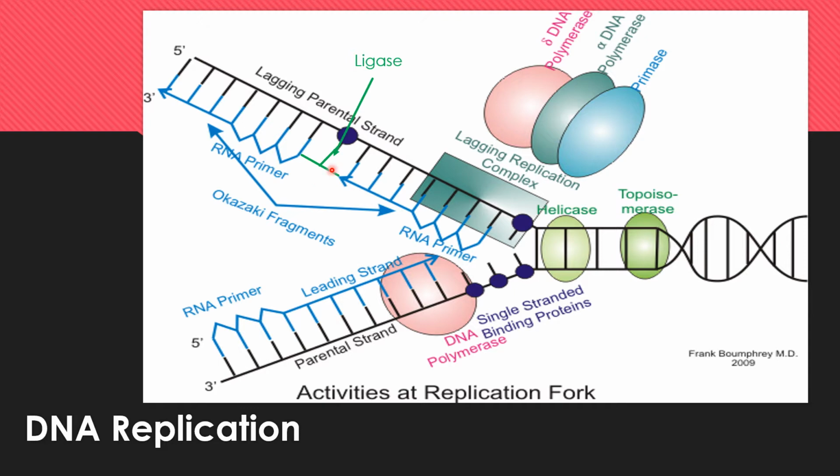You can understand why the lagging side takes longer, because it still has to work on filling in those spaces between the Okazaki fragments. So this all leads to two new identical DNA strands that will be given to the new daughter cells once mitosis has gone through.